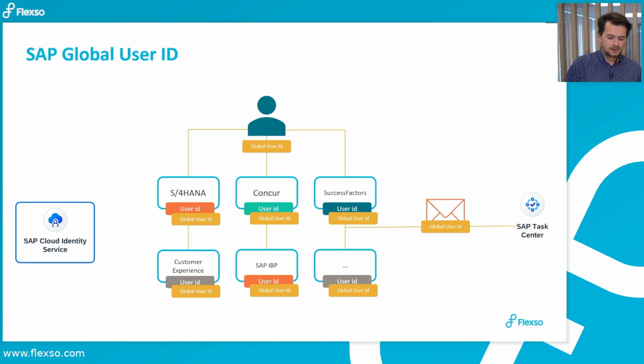When we want to send a message to Task Center, we will do this with a global user ID. It doesn't matter from which system this task is coming, it just needs a global user ID, and then Task Center will understand who you are and who needs to approve this. So that's really an important part. We can help people with setting this up, but it's really important to set this up in the correct way to make this work seamlessly.